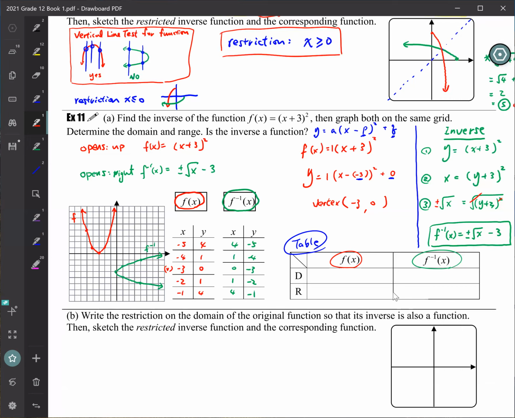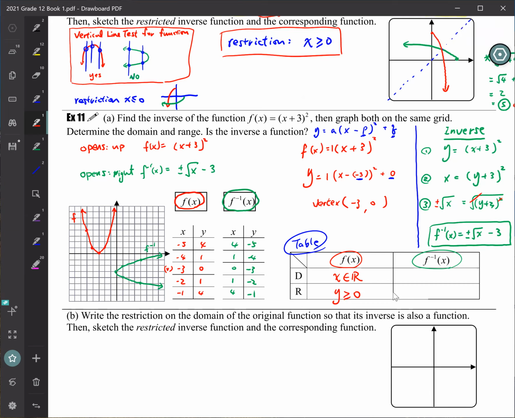Okay, Sophie, what's the domain? Is my mic working? Yep, it's working. X is equal to all real numbers. Yeah, very good. Okay, what about range for original? I got Y is bigger than or equal to 0. Okay, thank you.